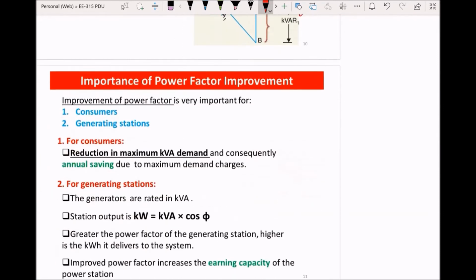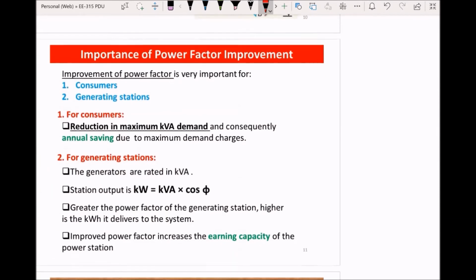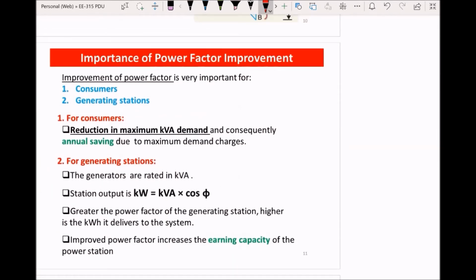Now, okay, so after discussing the power factor correction methods, we will now proceed towards its economical advantages or importance. There are two points of view: the consumer and the generating station.